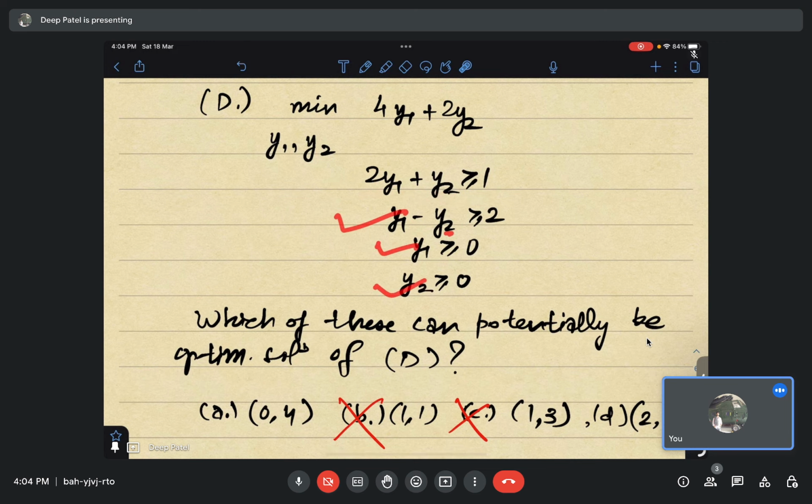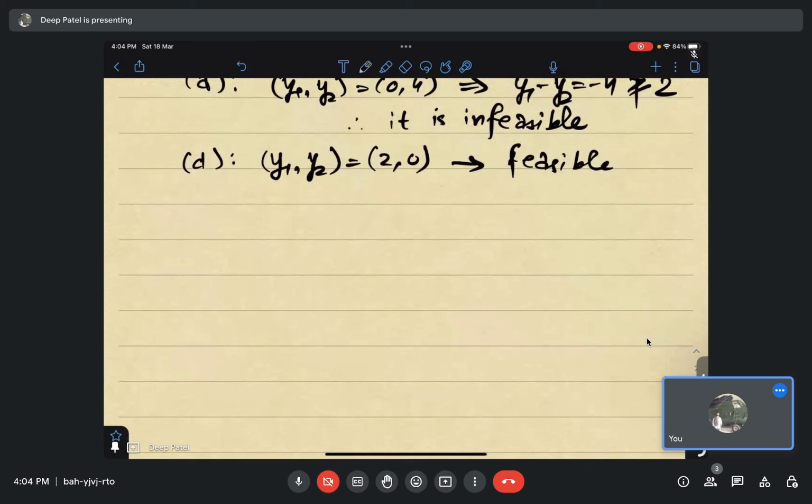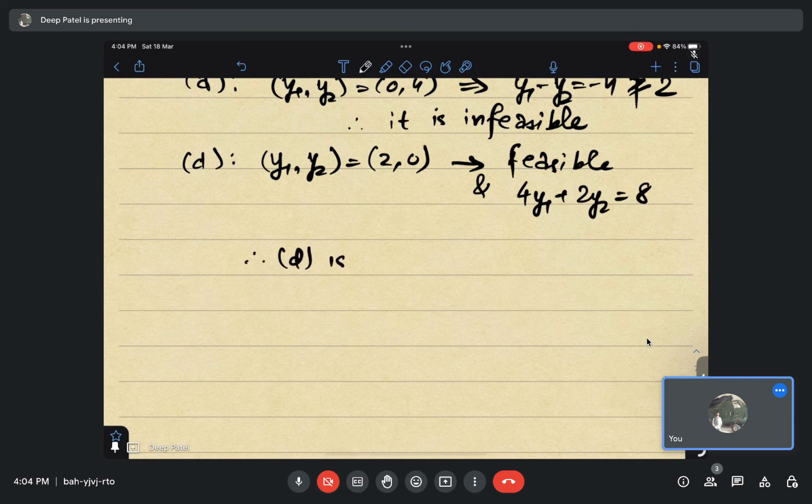Both are non-negative, so it is feasible. And 4y1 plus 2y2 is 8, which is the optimal value. So therefore D is a candidate solution.